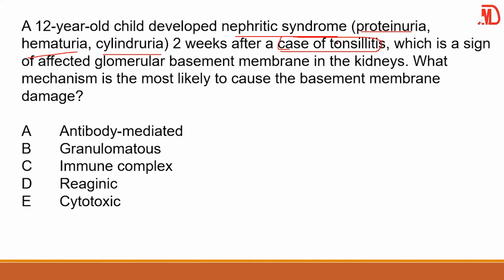Post-streptococcal, because strep has caused tonsillitis and immune complexes have formed. And these immune complexes are now being deposited on the glomerulus. And now the cells are not identifying those immune complexes, so they begin to react to it. And that's why we have the infection.